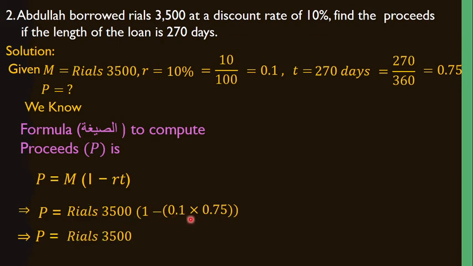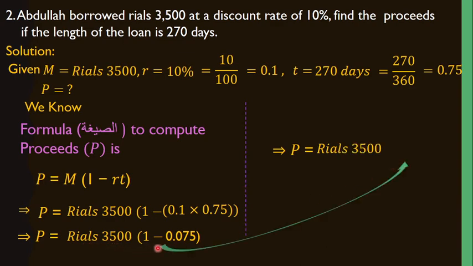This 0.1 into 0.75 is equal to 0.075, so 1 minus 0.075 is 0.925.